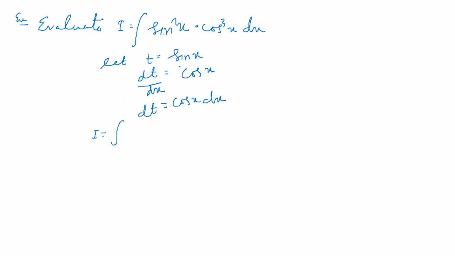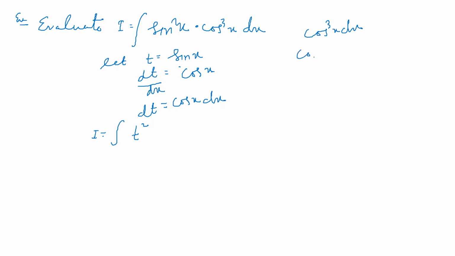t is equal to sin x, so sin square x is equal to how much? t square, correct. Now what can I write for cos cube x? Because I can replace only cos x dx. Students, here you see, this was cos cube x dx.